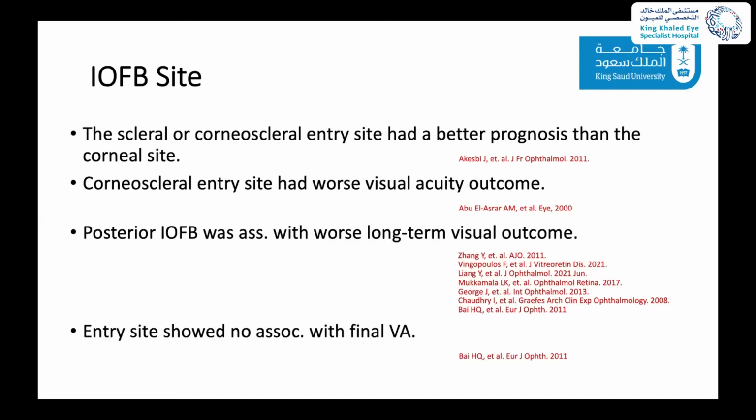Probably this is because you salvage the cornea, so the optical properties of the cornea are maintained. A study from King Abdulaziz University Hospital found that the corneoscleral entry site had worse visual acuity outcome.